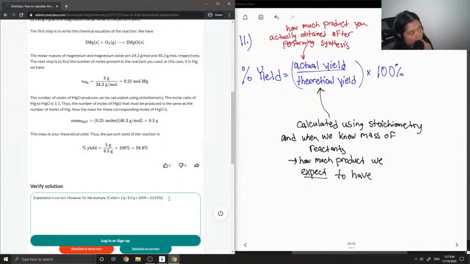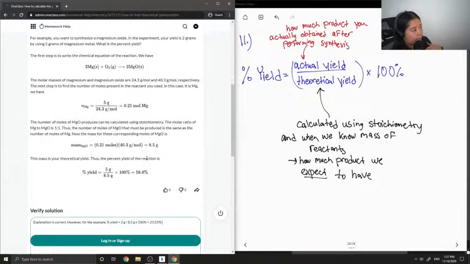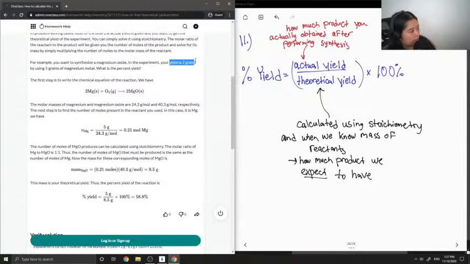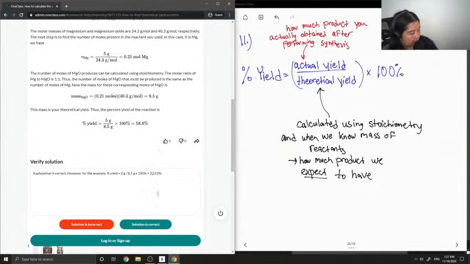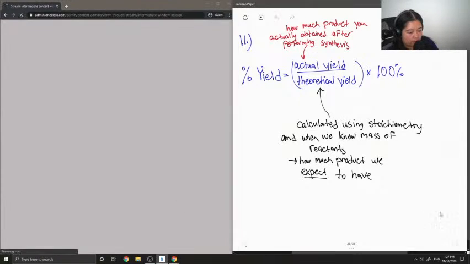Okay, so the explanation was correct. They just put in the wrong actual yield. It should have been the 2 grams that was given in the question. But I'm still going to say that the solution is correct.